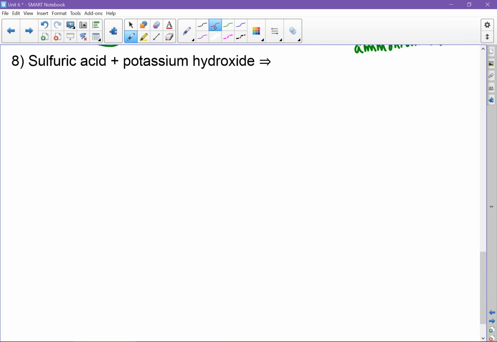This is neutralization, so we always have an acid plus a base. You will always make water and salt. Okay, so we need to write the formulas for all of these pieces. Acid always has to have an H in it. Sulfuric, because there is no hydro, I know that it is the polyatomic ion SO4.